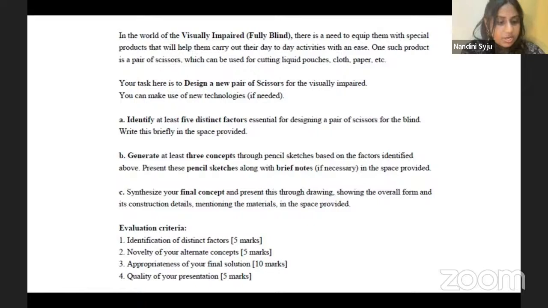So over here, the 3 concept sketches are going to be a little more low fidelity. But again, please use clean lines, use an HB or a very light line pencil, and very crisp lines.